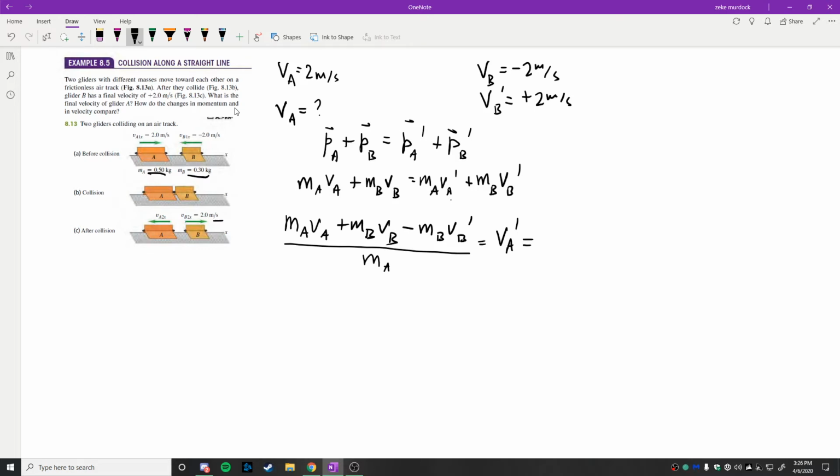So MA was 0.5. VA was 2. Plus MB is 0.3, multiplied by VB, which is negative 2. And then minus MB VB prime, so MB was 0.3. VB prime was positive 2.